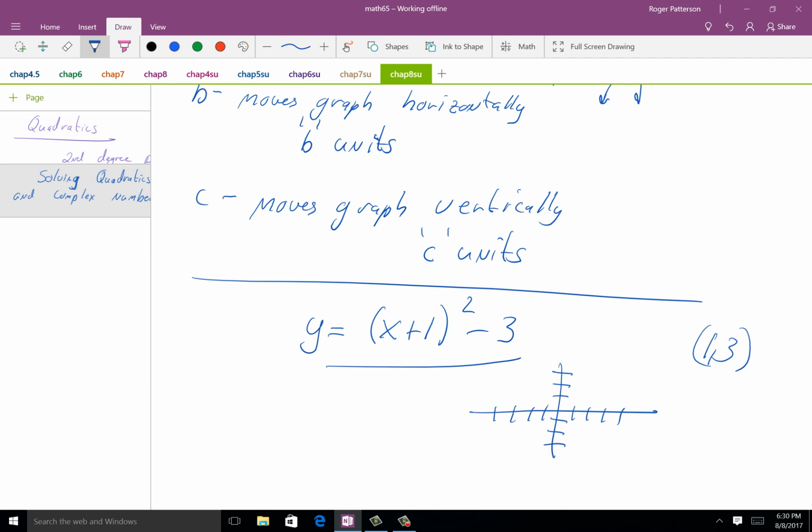Graph it. Hop into your Desmos, graph it, tell me where the vertex is. Because we're going to get into Desmos soon anyway. Hop into it, tell me where the vertex is.